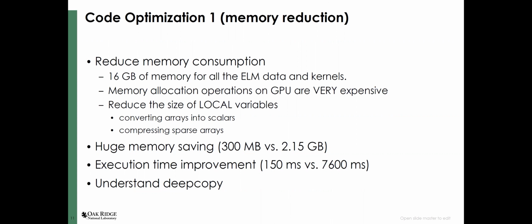We reduced it from 2.1 gigabytes all the way to 300 megabytes. And then the improvement was dramatic. The reason for that is that memory allocation on the GPU is very, very expensive.